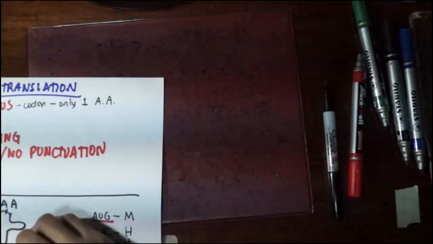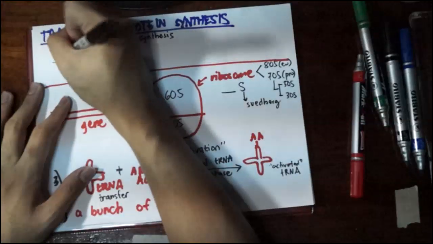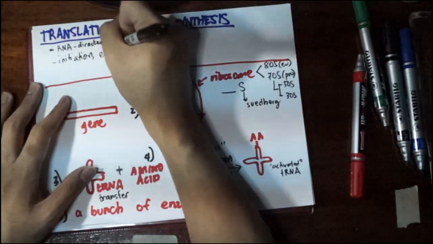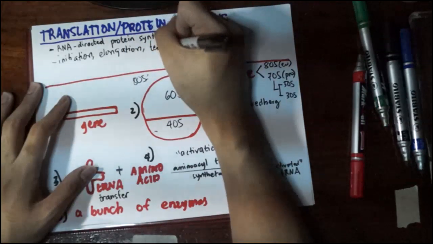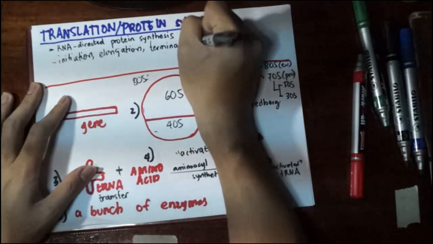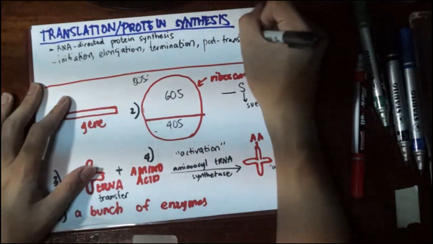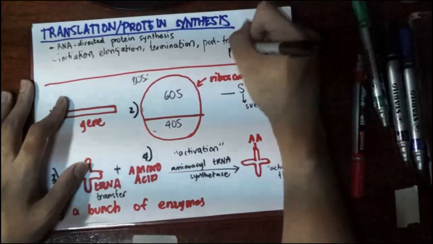Wobble. Anyway, enough of the introduction. In translation, we also have the same phases. Of course, we have the initiation phase, the elongation phase, the termination, and some post-translational processes, but not really in any way similar to the post-transcriptional processes.